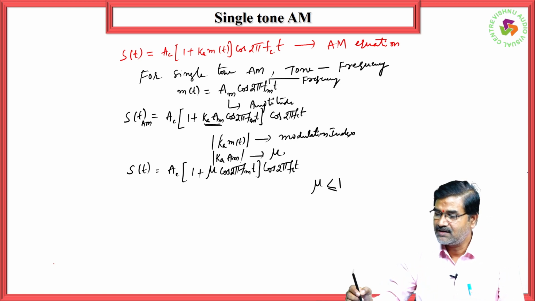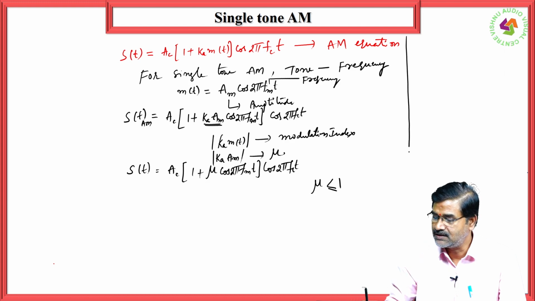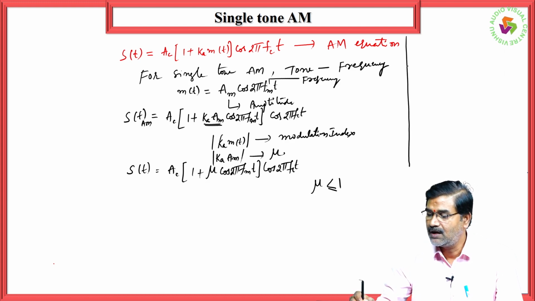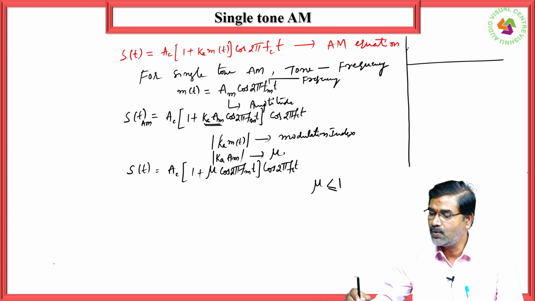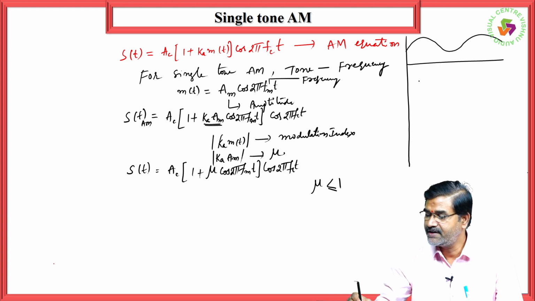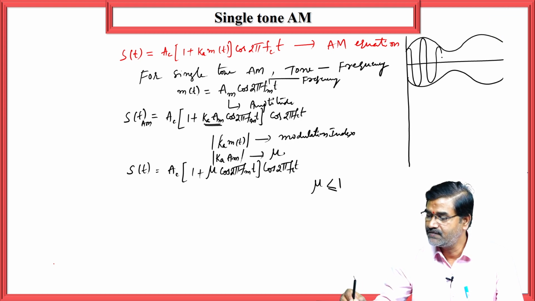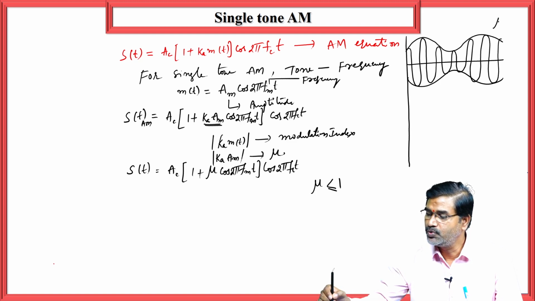Now, let us look at the different cases. This is the modulated signal for a sinusoidal carrier for mu less than 1.